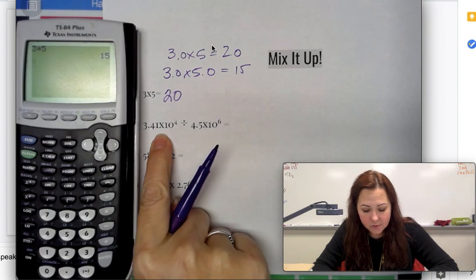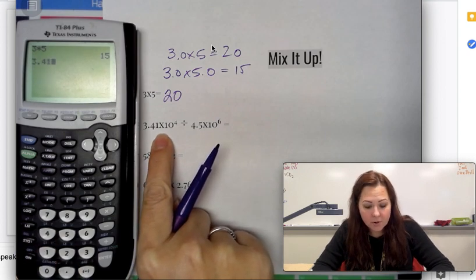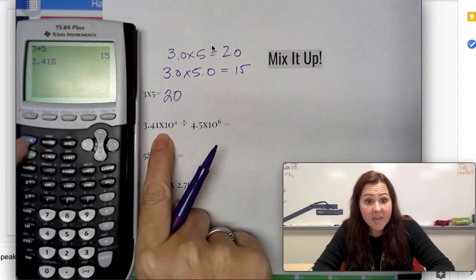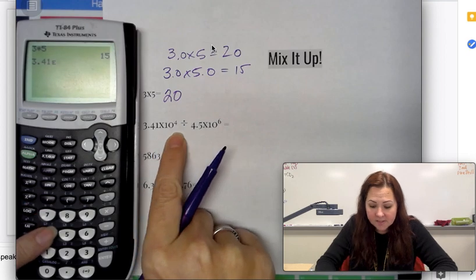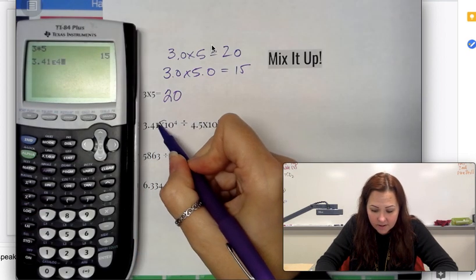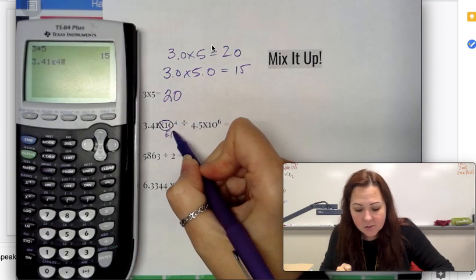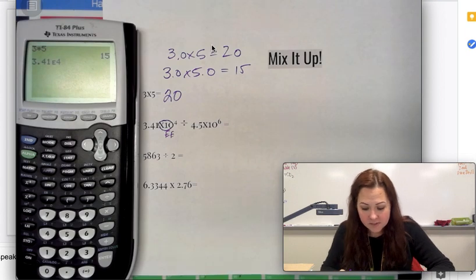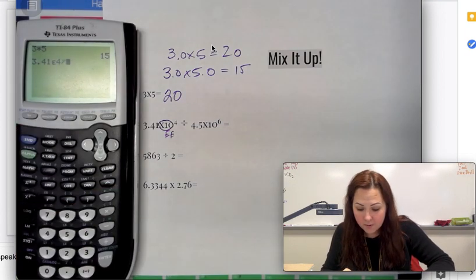Okay, this one has scientific notation. To put scientific notation in your calculator, remember you're going to use the second, so second here, EE down here, and then just a 4. So that puts in the times 10 right there, that's the EE button. So 3.41 E4 divided by 4.5 second E6.